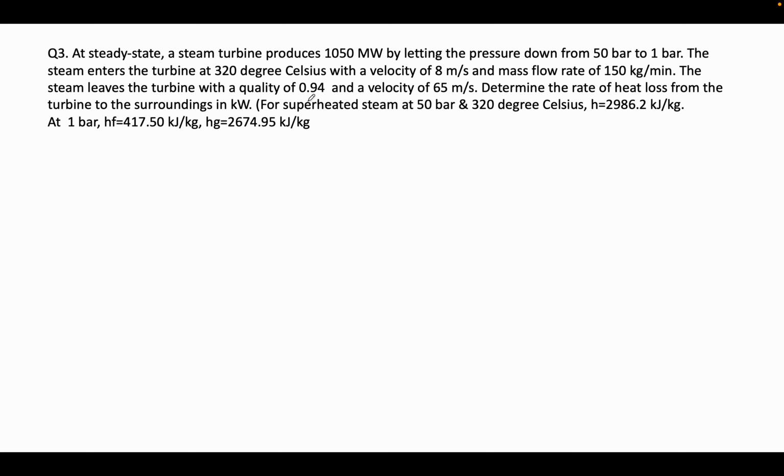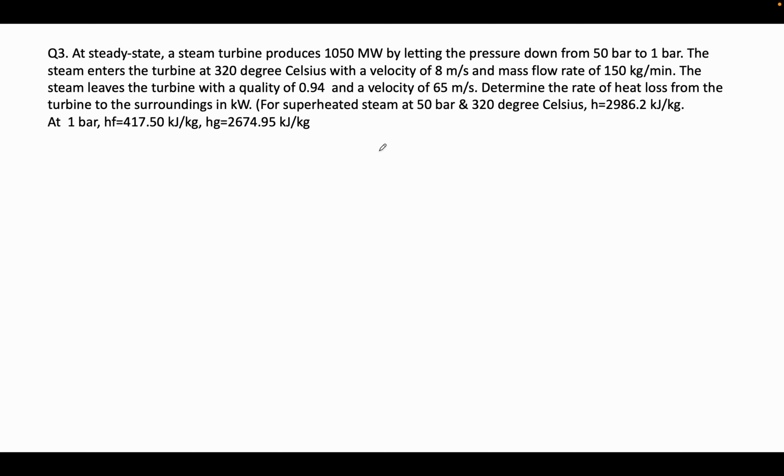Now we will be dealing with some phase effects: when it enters it is steam, but when it leaves it is not proper steam, it's a mixture of both steam and water. The velocity of this one is given as 65 meter per second. We have to determine the rate of heat loss from the turbine to the surroundings in kilowatt.